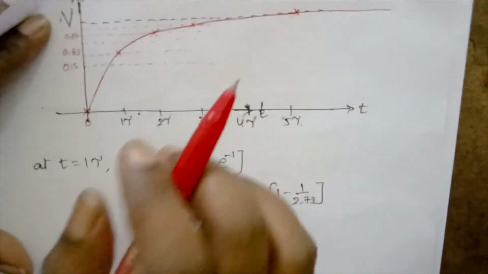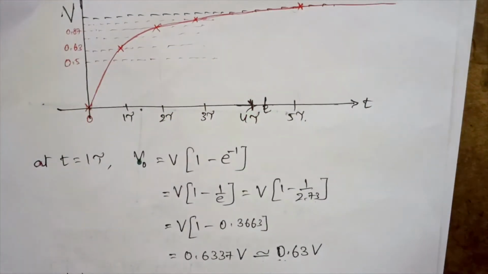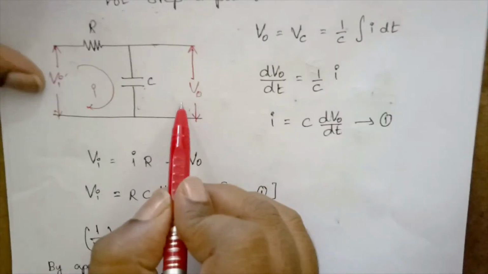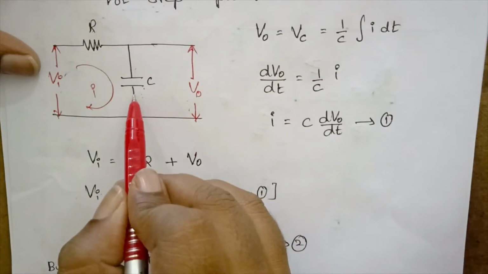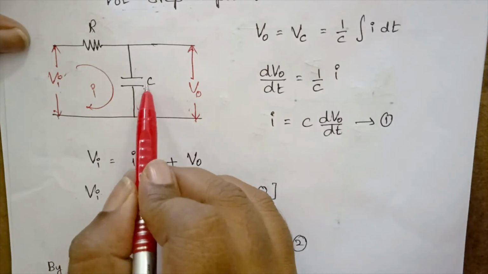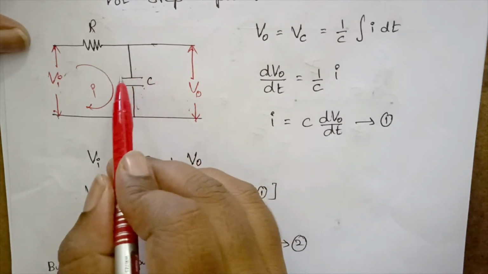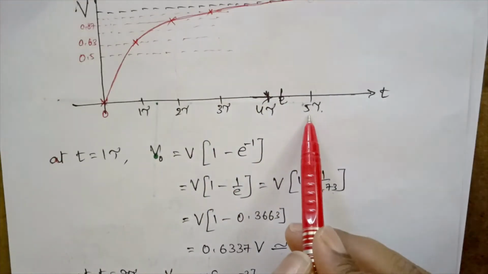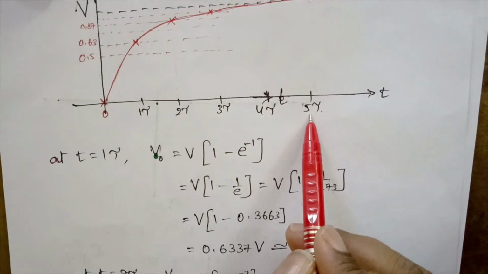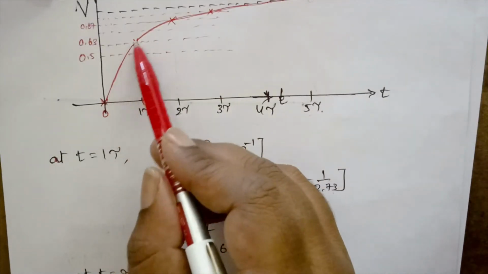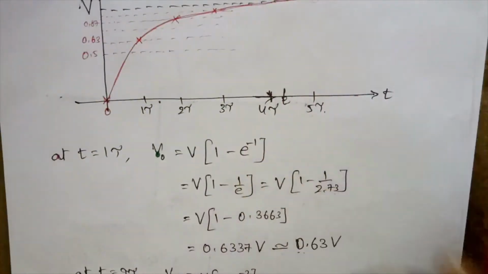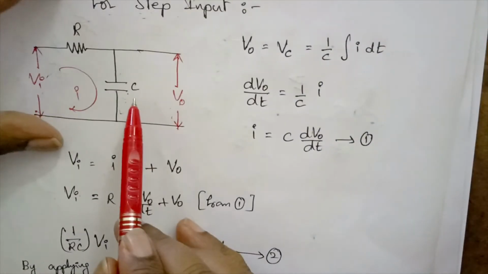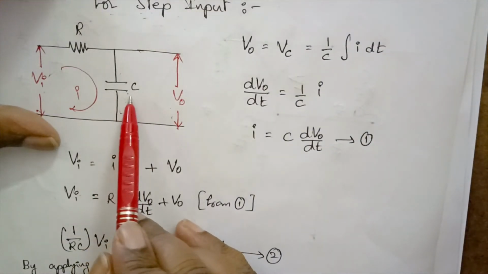If you observe the circuit diagram clearly, here we are measuring the output voltage across the capacitor. We already know that the capacitor starts charging with time constant RC, which here I am denoting as tau. With time constant tau it charges slowly, and at some time it reaches its maximum value.